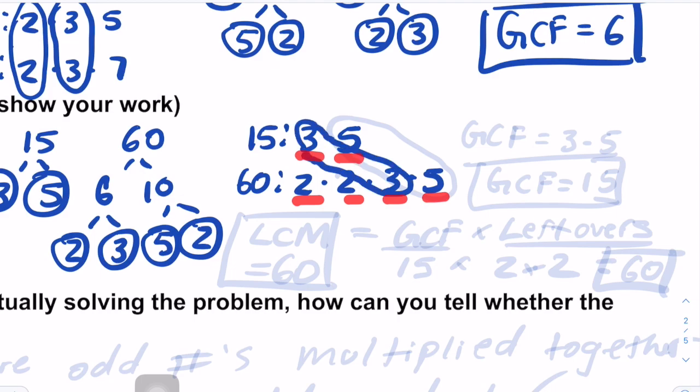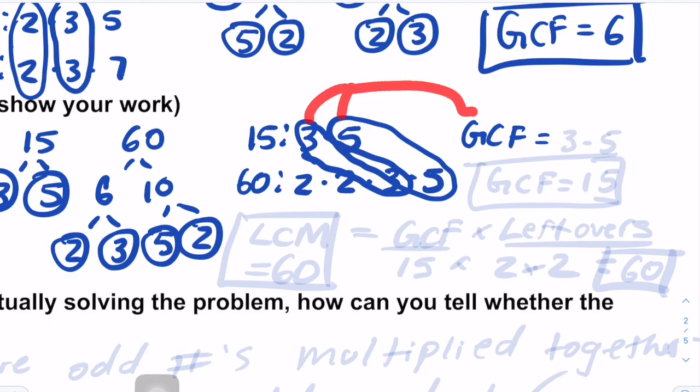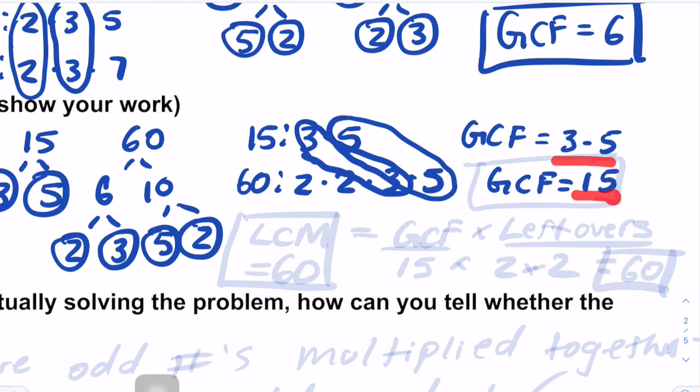So I see that 3 is in common and 5 is in common as well. So in looking for the GCF, I know that the GCF is going to be these two numbers multiplied, 3 times 5, which means the GCF is 15.